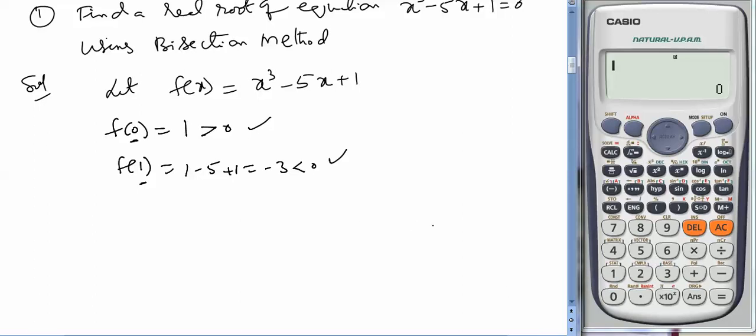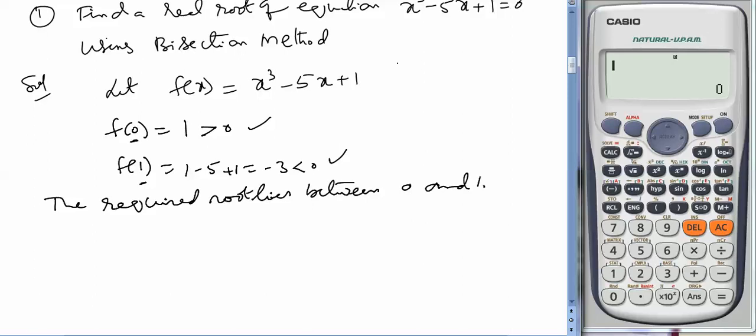Whenever you get alternately negative and positive, the required root lies between them. So our required root lies between 0 and 1.